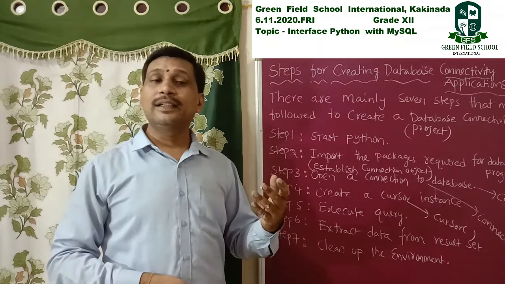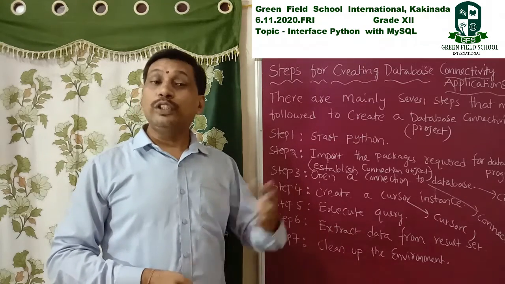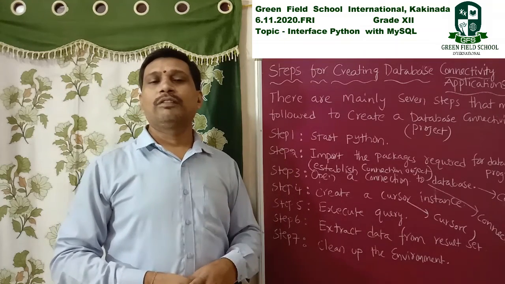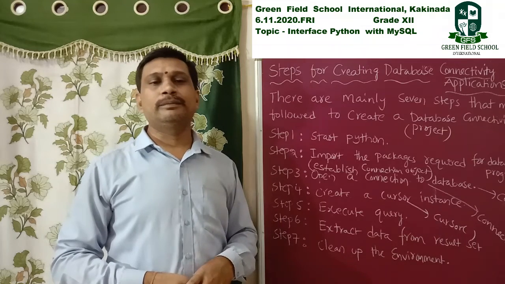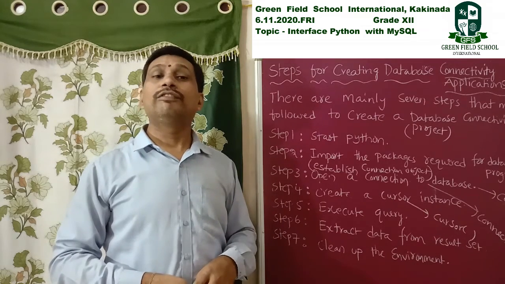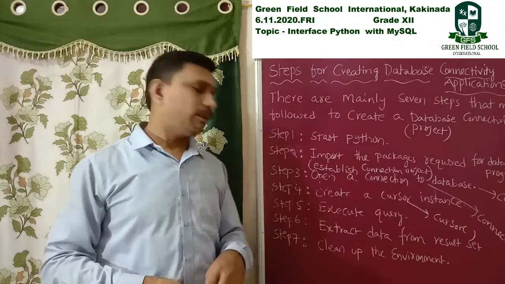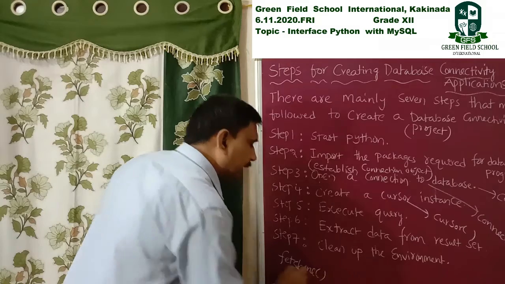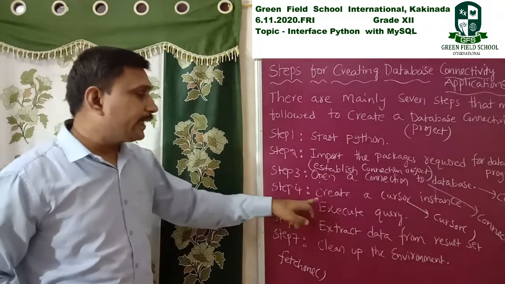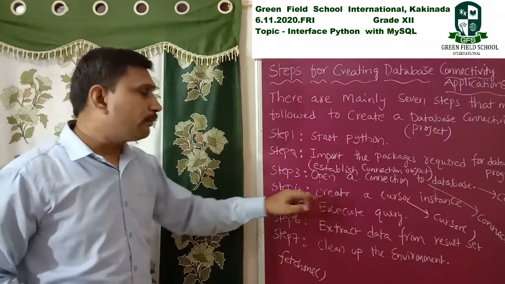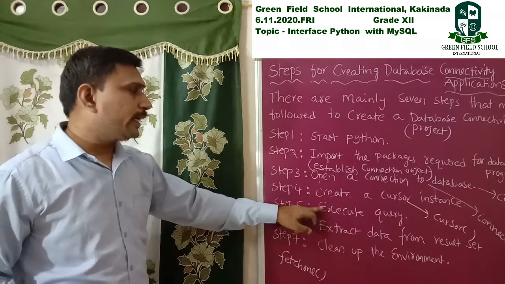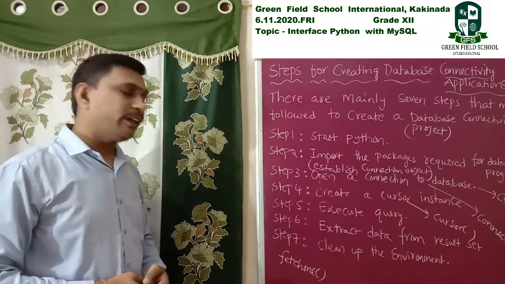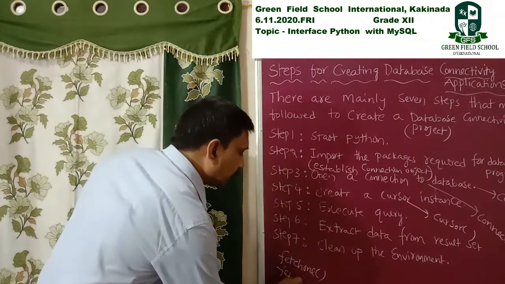We fetch a single row at a time by using one method, fetchone. We use the fetchone method for getting one single row from this cursor object. Otherwise, we fetch all.